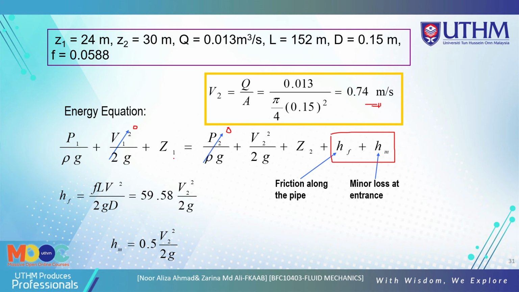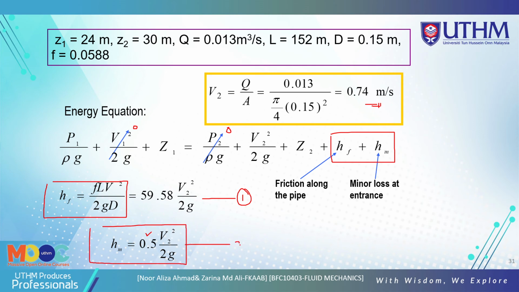Z2 minus Z1, so you get the value. HF we get using the friction loss formula, and HM uses the entrance, where K entrance is 0.5.